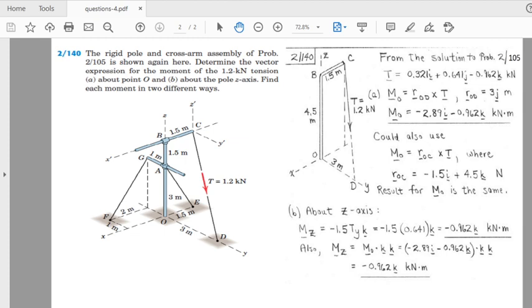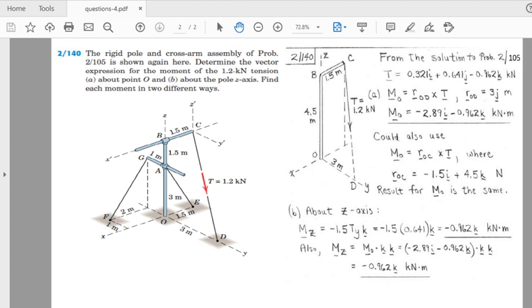So the position vector is going to be the coordinates of C minus the coordinates of point O. So that is going to be minus 1.5i plus 4.5k. So that is in meters. In the solution it is written in newtons. It is not in newtons, of course, it is in meters.